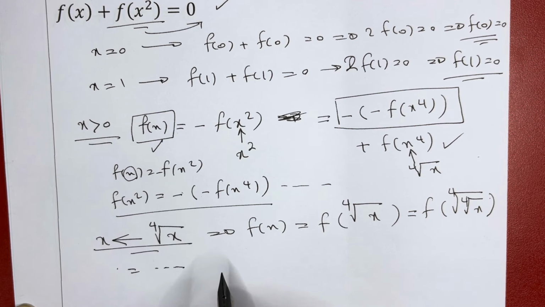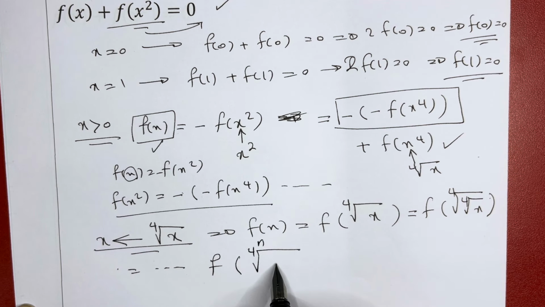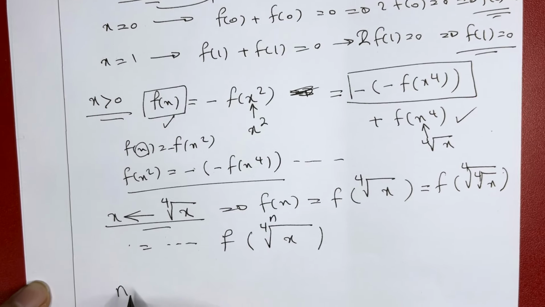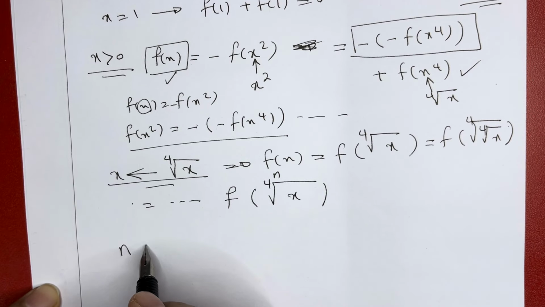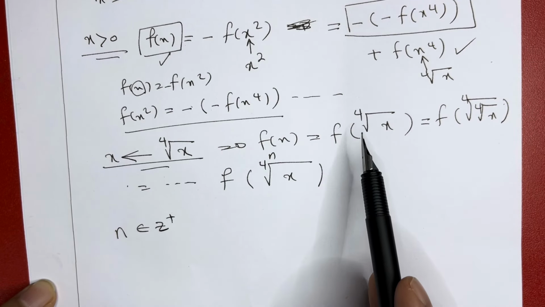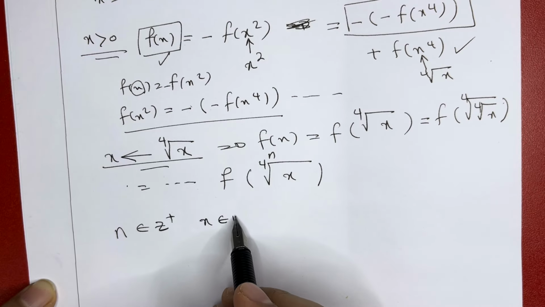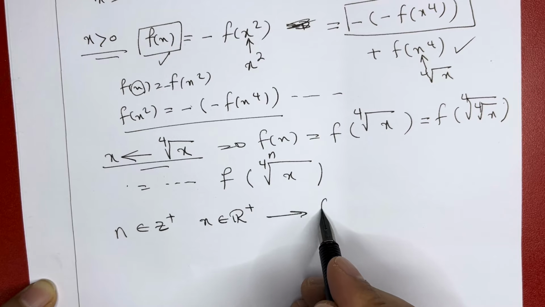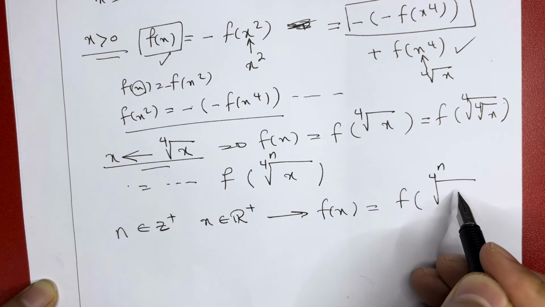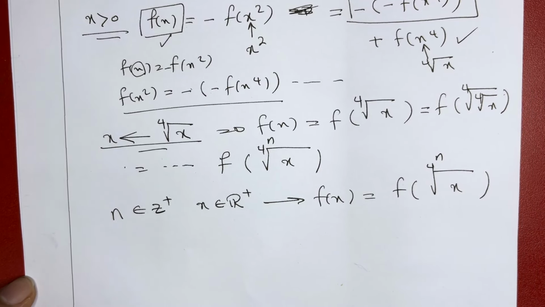And if you continue that, in general form it's going to be equal to f of the 4 to the power n root of x, where n is a positive integer. Like here it is 4, then 4 to the power of 2, 16, and so on. And of course, x is a positive real. So f of x is f of the 4 to the power of n root of x. Right? Perfect.